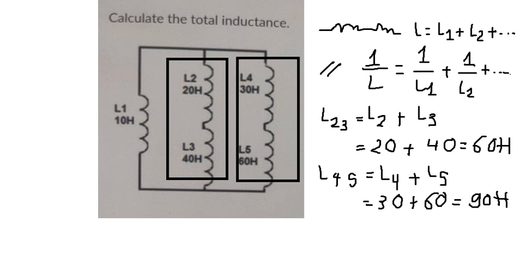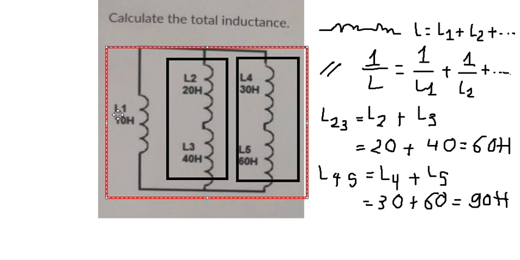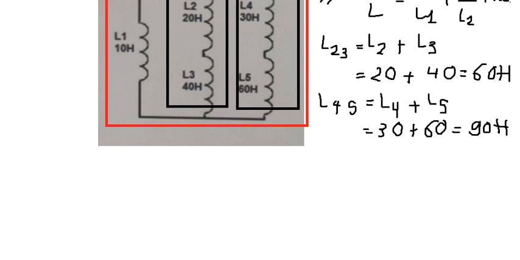And now if we look carefully at this one, we see that L1 is parallel with L2,3 and parallel with L4,5. So in this situation, we can find the total inductance.